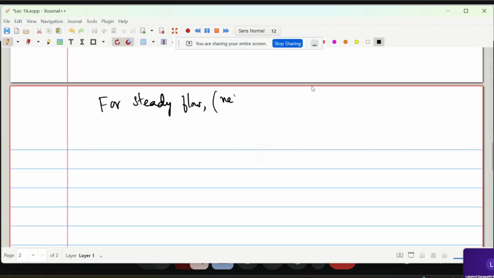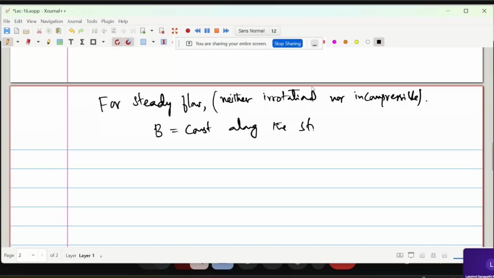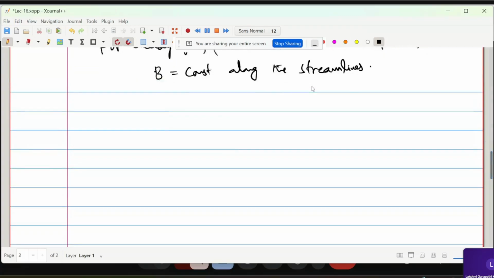Neither irrotational nor incompressible. So what is the equation that you used? Your B is constant along the streamlines, that is what you have seen, and along the vortex lines also.